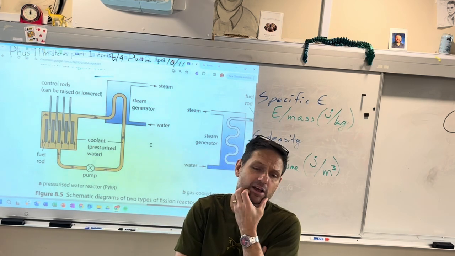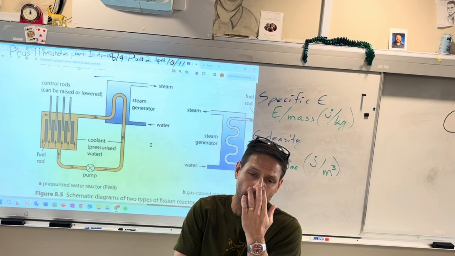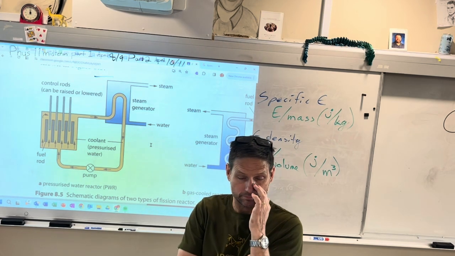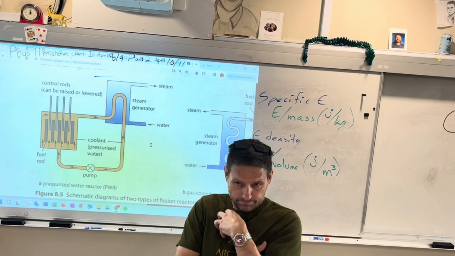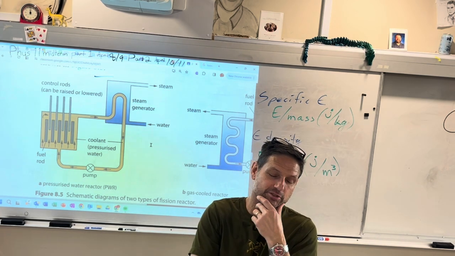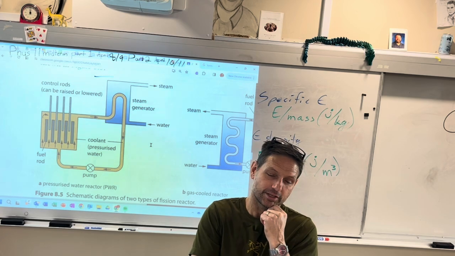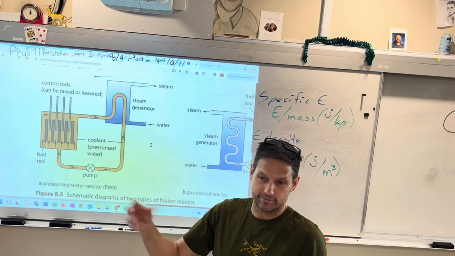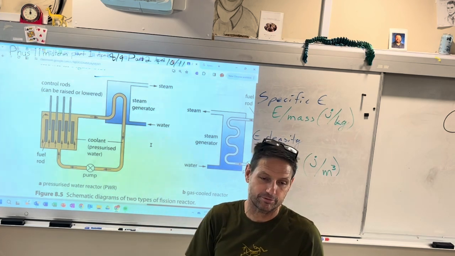Eric, why do they use U-235? Well, U-238 will fission, but it doesn't release neutrons. So you can fission it, but you have to have a continual source of neutrons.